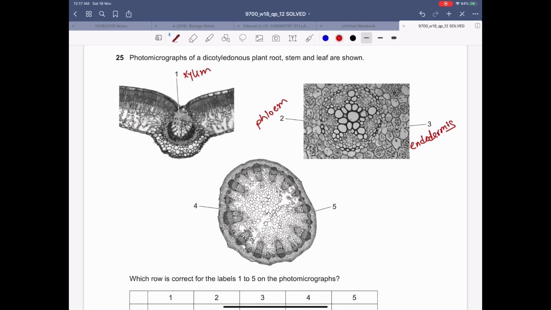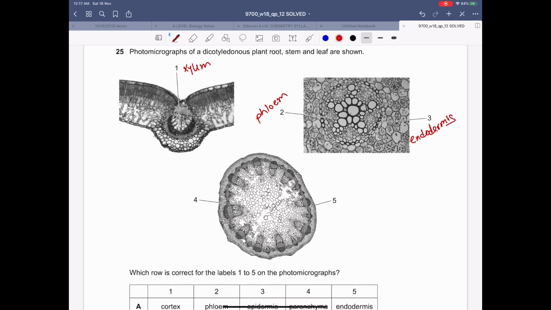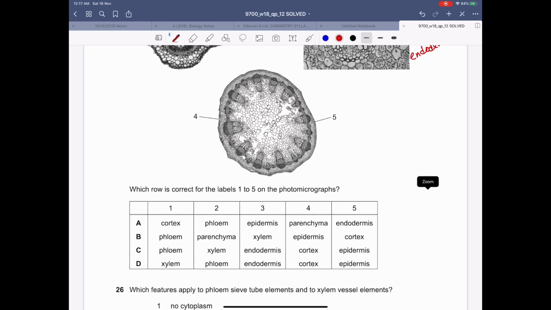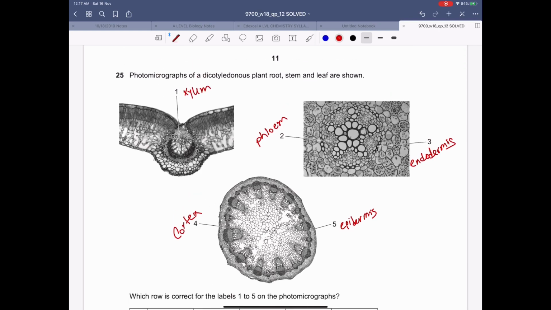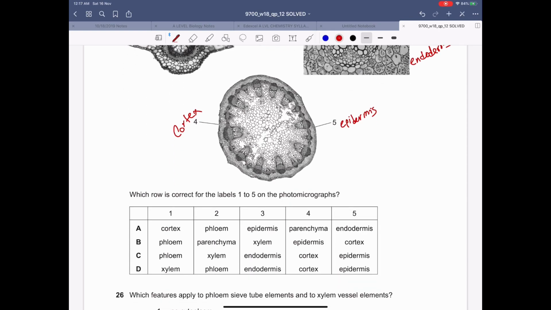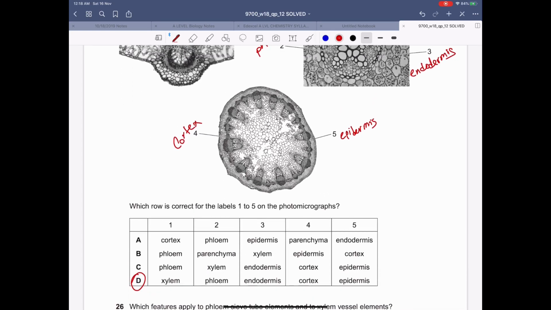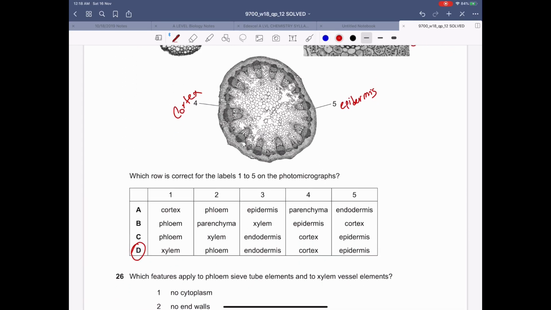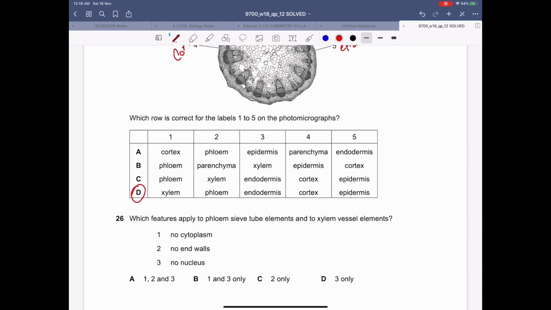Number 4, I would go for cortex, and number 5 is epidermis. So option number 1 is xylem. Now with xylem in option number 1 we have a D. So xylem, option number 2 phloem, endodermis, cortex, and epidermis. It's fine.